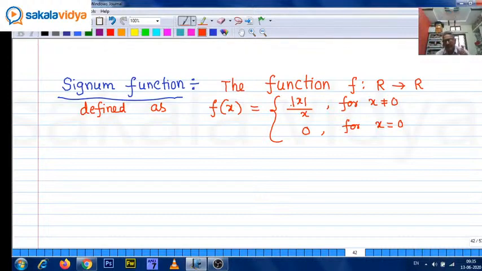Signum function means a sign function, either plus sign or minus sign.